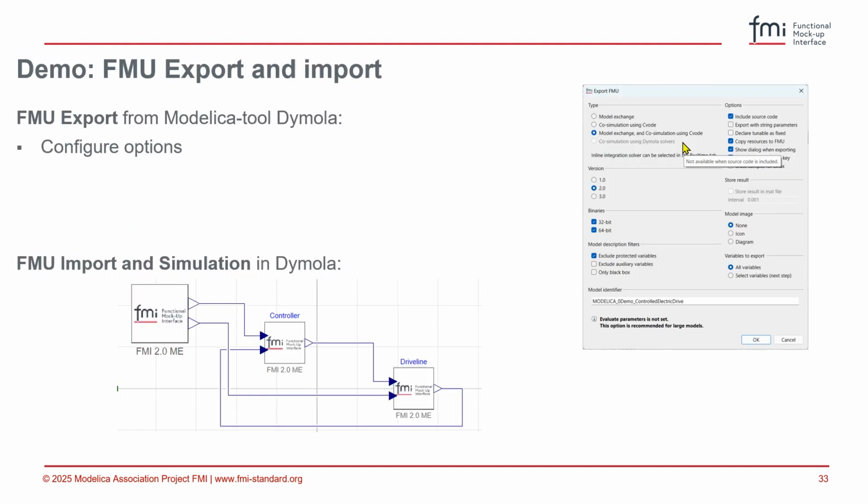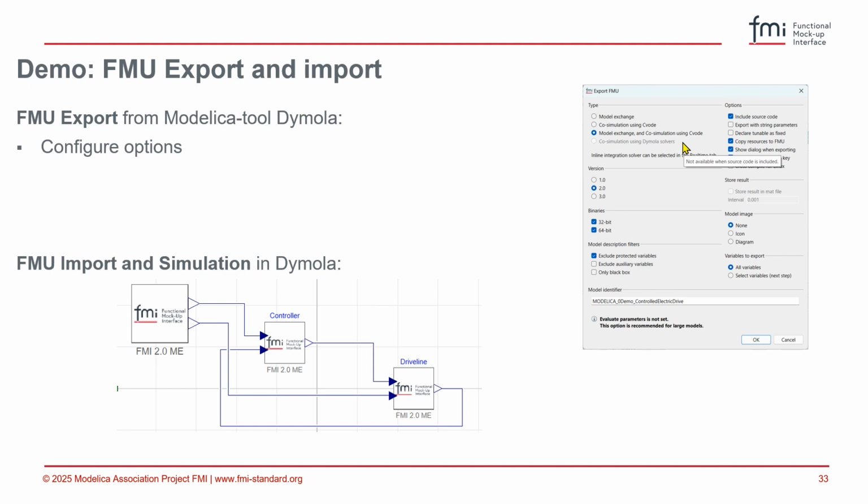So here we see the options when we export the FMU from Dymola in this case. You have learned in this tutorial about the difference between model exchange and co-simulation FMUs. So here you can select which type you want to export and also which solver you want to select for the co-simulation FMU, which is then also packed into the model.